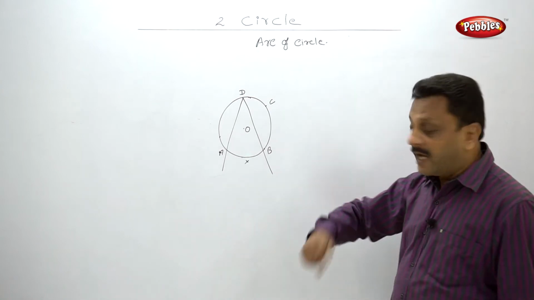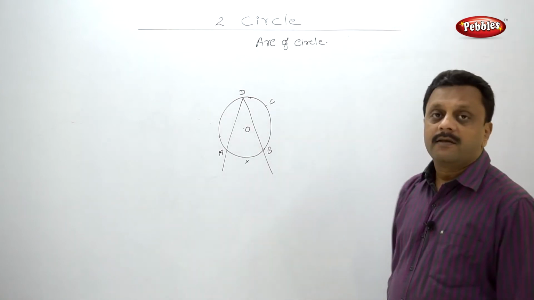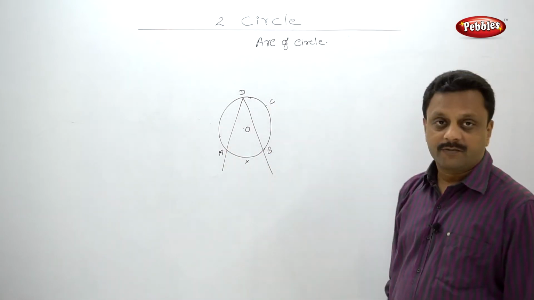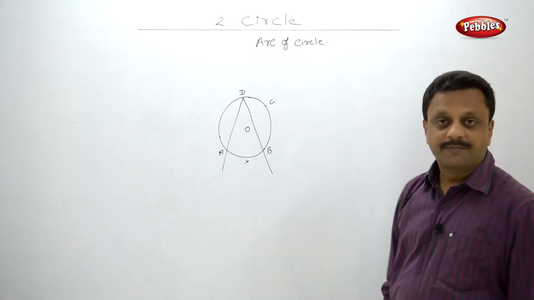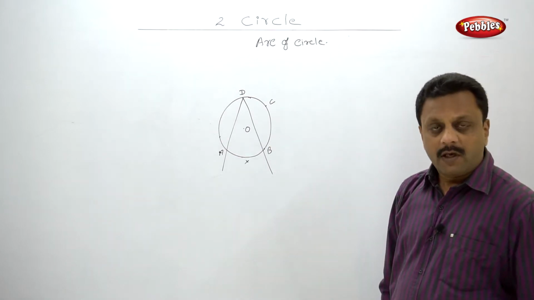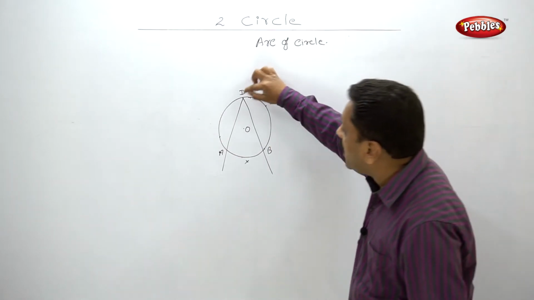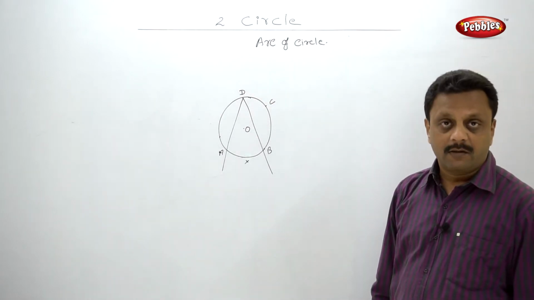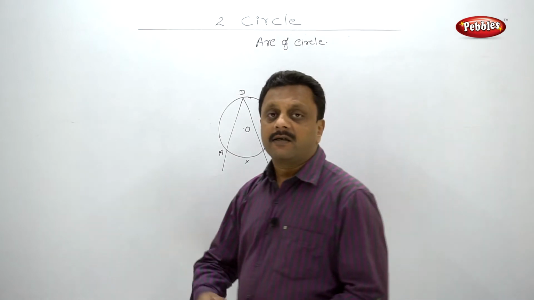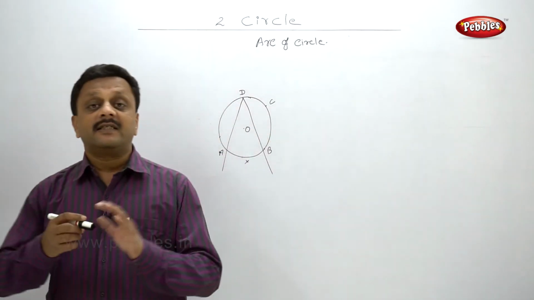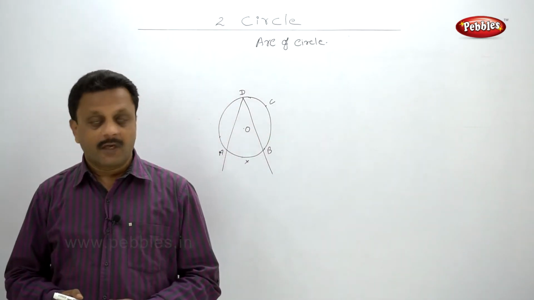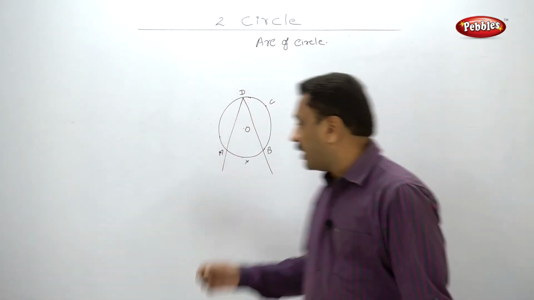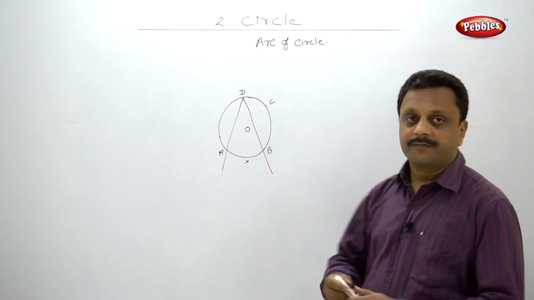So I will say that angle ADB is inscribed in arc ADB or ACB. Okay. In short, the arc in which the starting point of that angle resides, in that arc the angle is said to be inscribed. This will be called the inscribed angle and this will be called the intercepted arc.